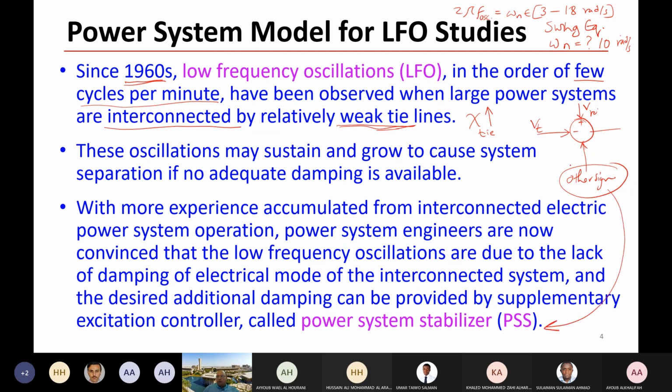So you may have here a controller whose output will come here in the excitation system. This is the automatic voltage regulator and so on. So this is EFD. So this controller, power system stabilizer, will affect the field voltage, and if it is designed well, it will improve the system damping.